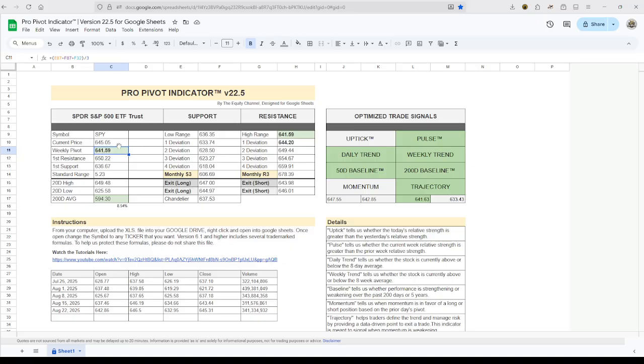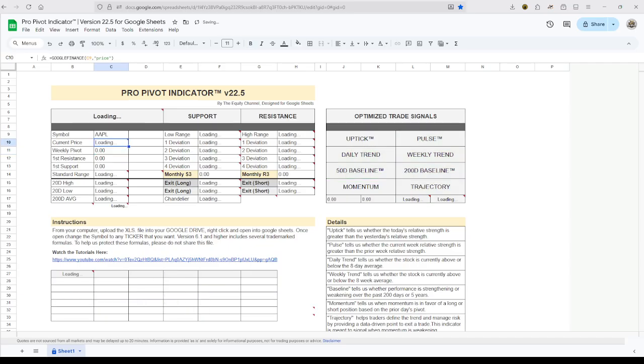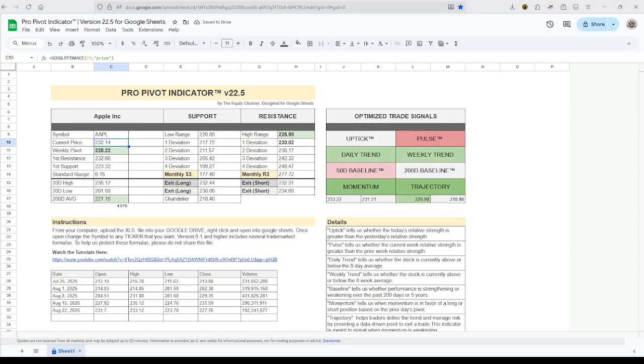So you pull up, I don't know, Apple, and they're above the weekly pivot. Great. Now, let's say that you're thinking about taking a long position.